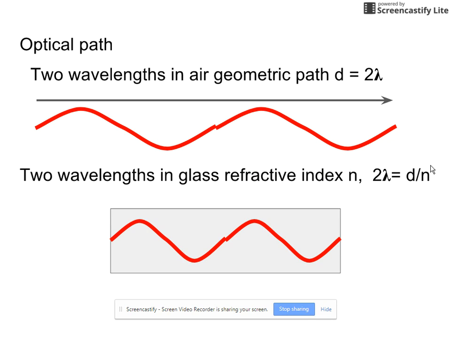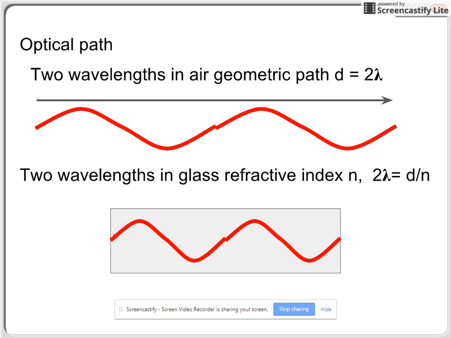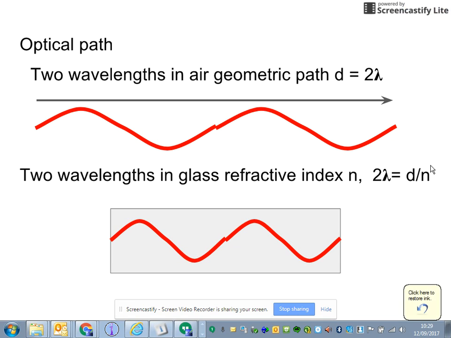So one thing we talked already about is phase change on reflection. When you're going through a particular medium, if you've got two wavelengths in air, as soon as that goes through glass, you should know from higher that the wavelengths tend to bunch up, and you get that sort of effect due to the refractive index of the light.